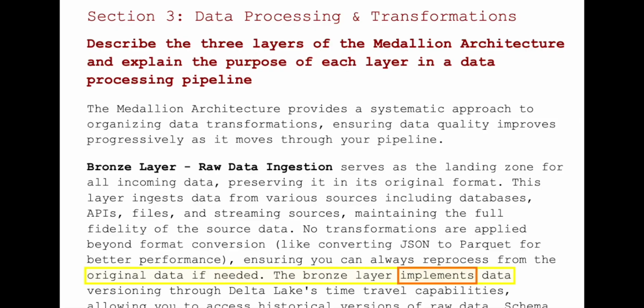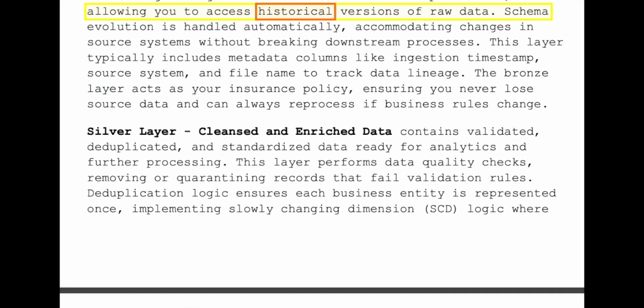The bronze layer implements data versioning through Delta Lake's time travel capabilities, allowing you to access historical versions of raw data. Schema evolution is handled automatically, accommodating changes in source systems without breaking downstream processes. This layer typically includes metadata columns like ingestion timestamp, source system, and file name to track data lineage.